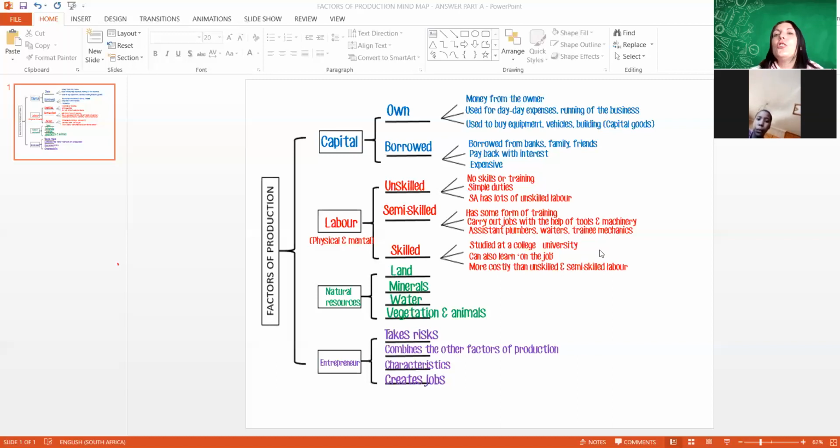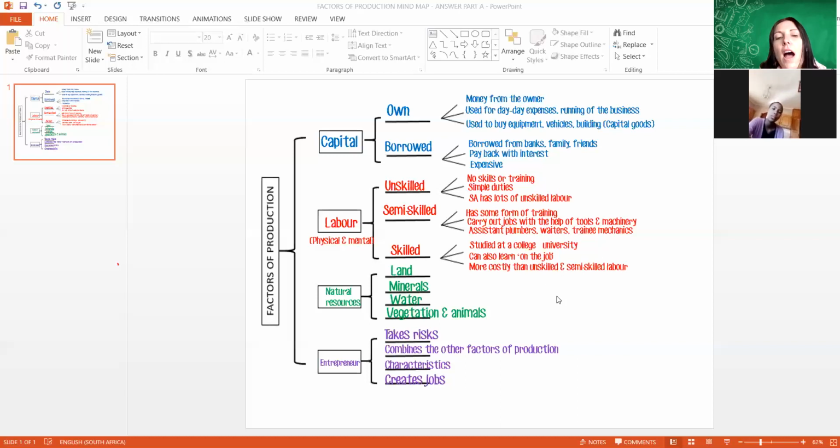So we said they learned on the job. They can also be classified as skilled labor. And then usually skilled labor costs a lot of money because businesses would pay for the skills and expertise of the people that would be classified as skilled labor. Right, so those are then the different categories of labor, and that's then also one of our factors of production.